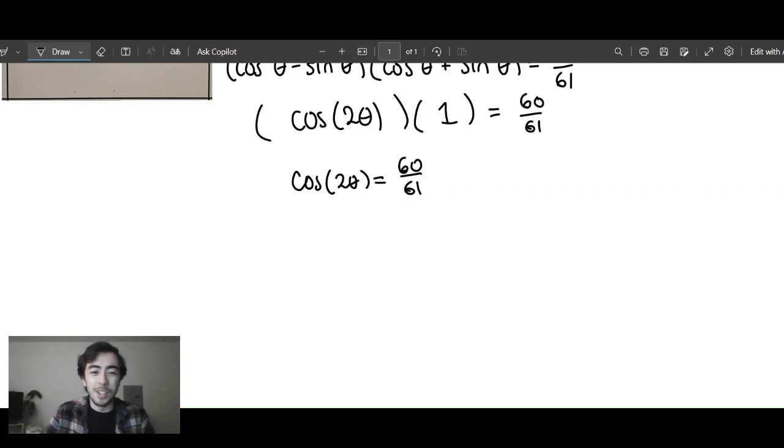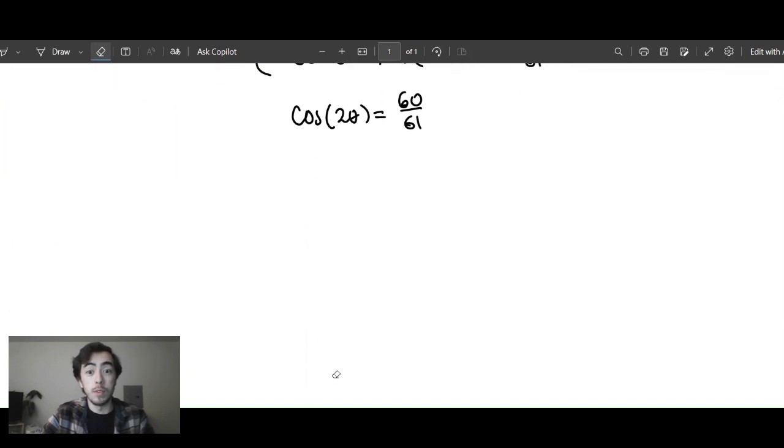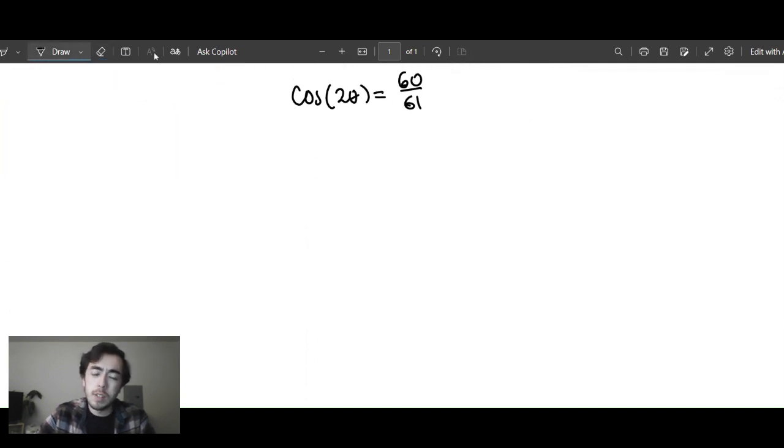Still, it's not clear. I simplified it a lot. I mean, my terms here had the power of 4, and all of a sudden I have something that looks a lot more simple. Let me see if I can deconstruct this into a right triangle. Cosine, again, is going to be adjacent divided by hypotenuse.